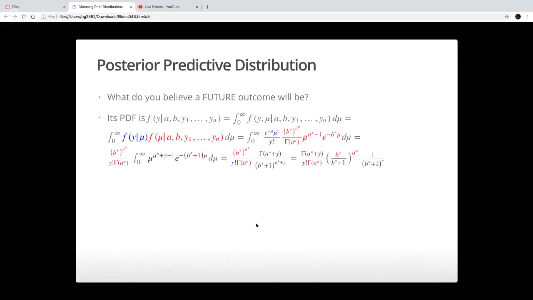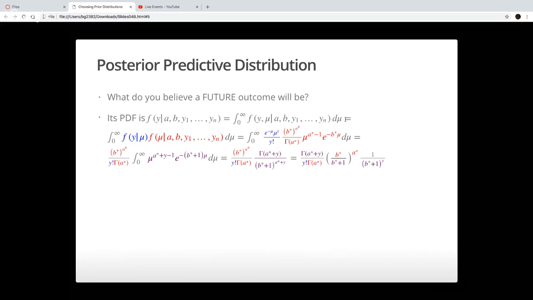And so this is another case where we can work out analytically what that distribution is, utilizing what I like to refer to as the Bayesian hokey pokey. If you want a PDF for a future y value, conditional on the y values you've already observed, that is the integral from 0 to infinity of the joint distribution between the future y value and mu, integrated over mu.